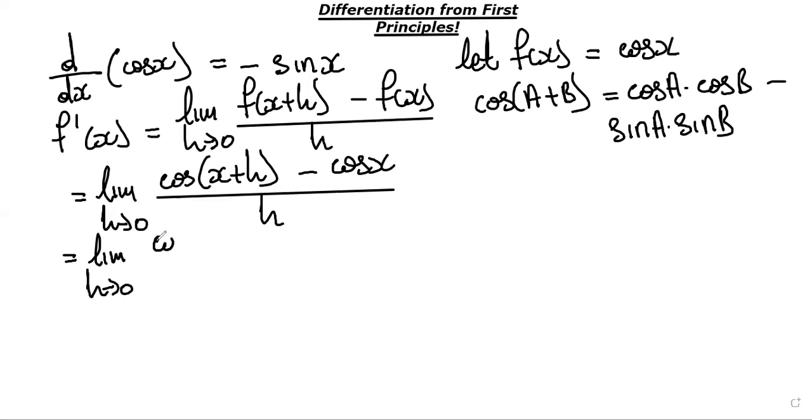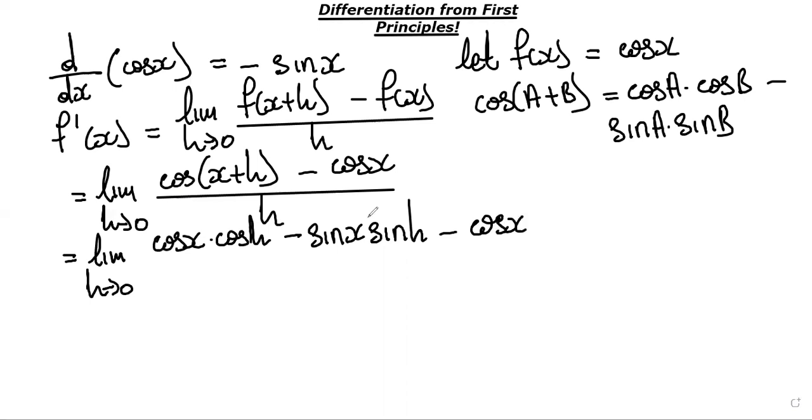So here we get cos x times cos h, minus sine x sine h. And we still have minus cosine x. Of course, this whole thing is divided by h.